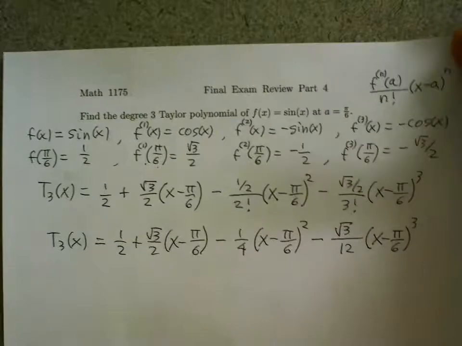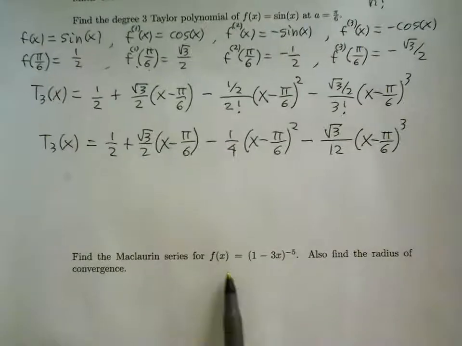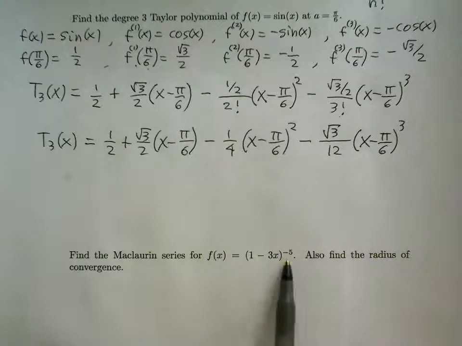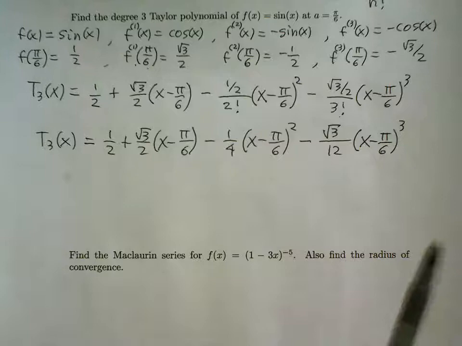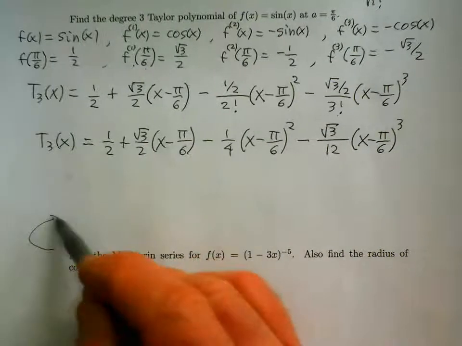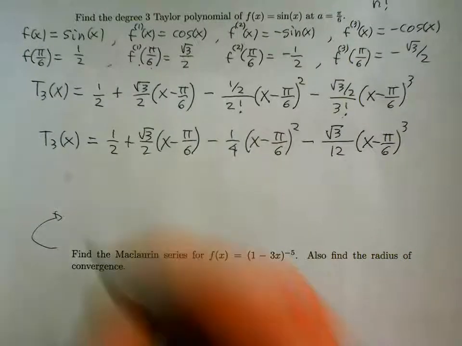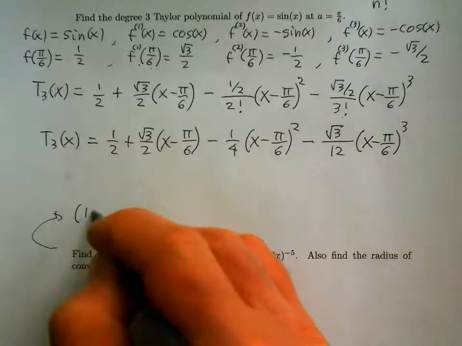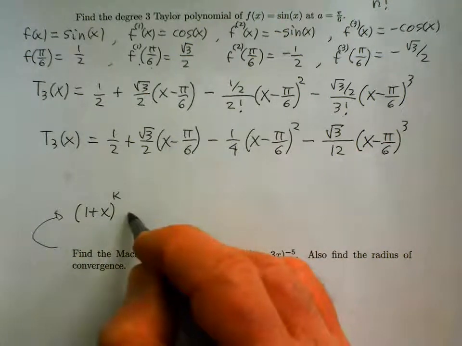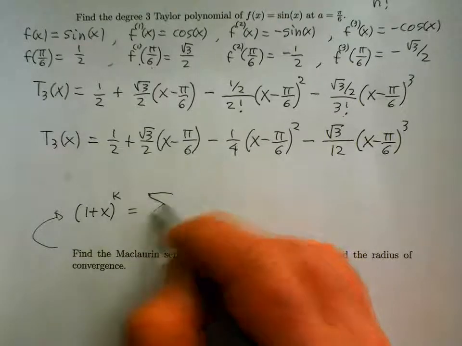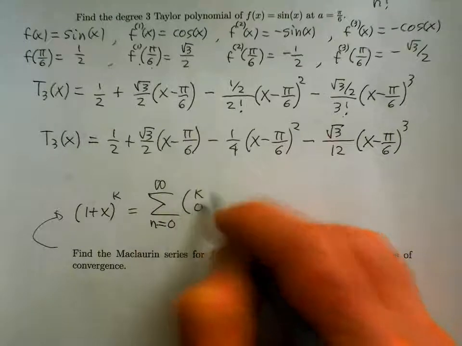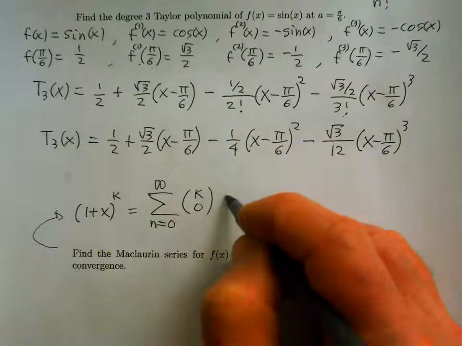The next one: find the Maclaurin series for f of x equals 1 minus 3x to the negative 5. So we can remind ourselves of the general form. 1 plus x to the k is this series: k choose n times x to the n.